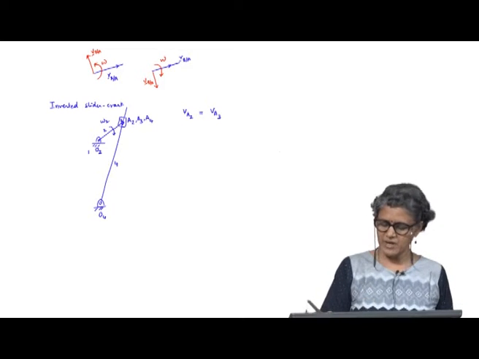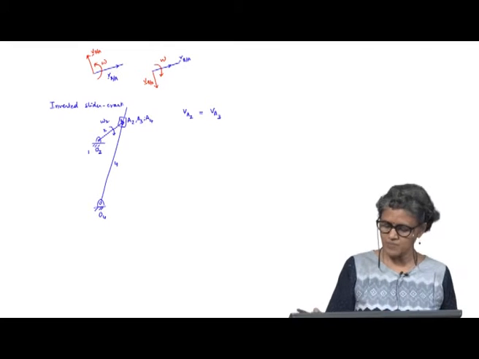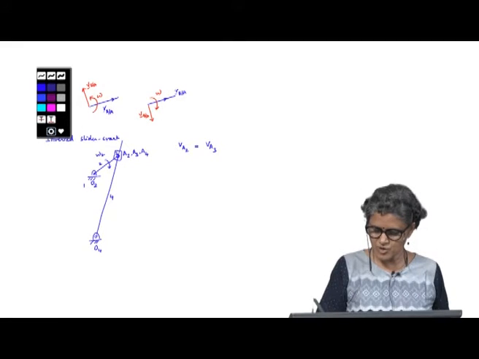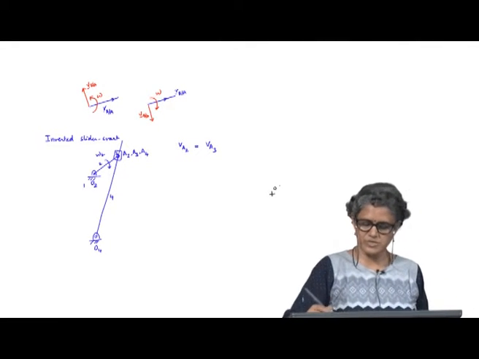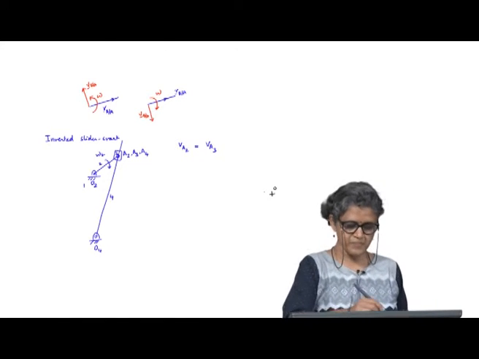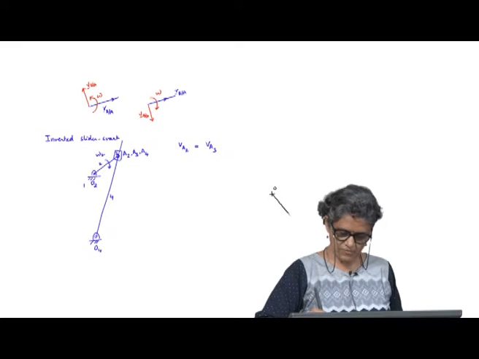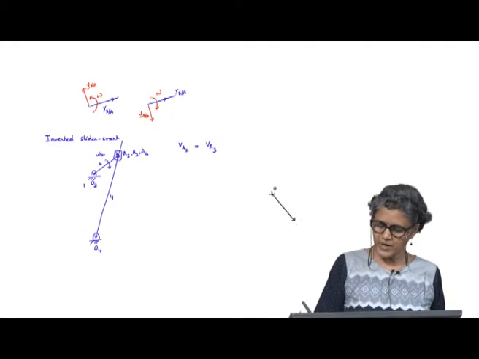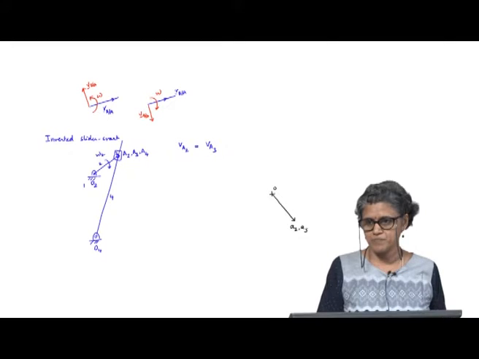Okay. So, if omega 2 is this and I am given R2, I can draw my velocity diagram. It will be an absolute velocity because it is rotating about a fixed pivot, and this will be point A on body 2, which is also the same as A on body 3.